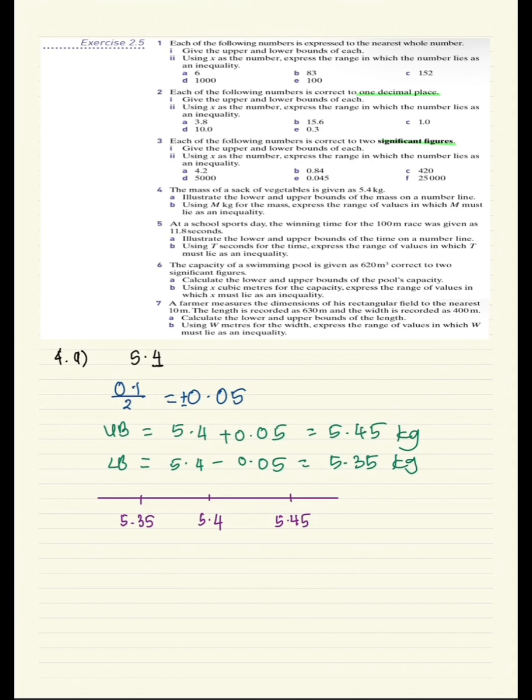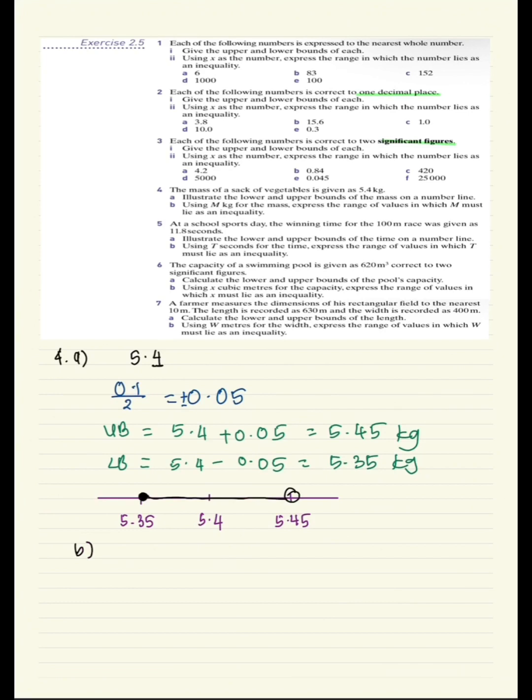So x is more than or equivalent to 5.35, so I'm going to color that. But it is less than 5.45, so I'm just going to draw a circle and I'm not going to shade it. That's it.